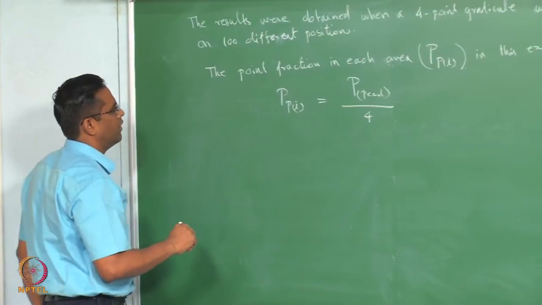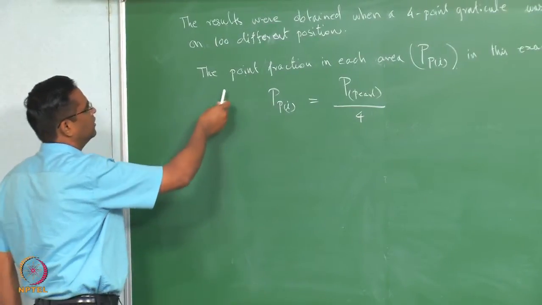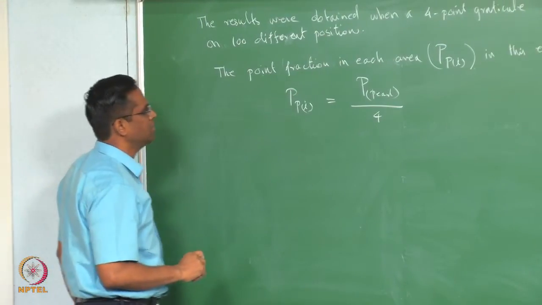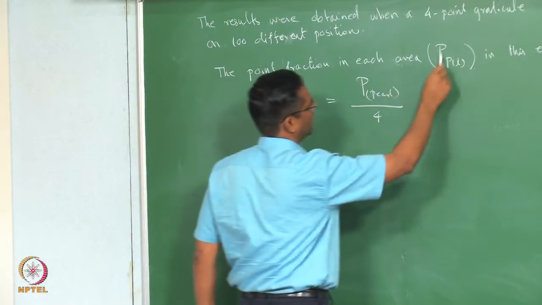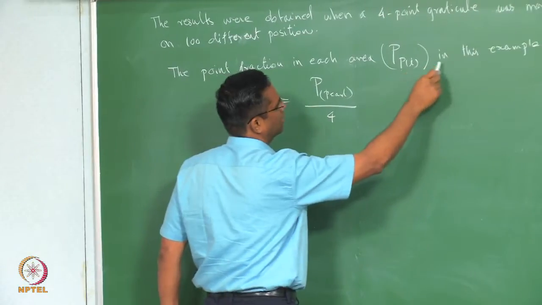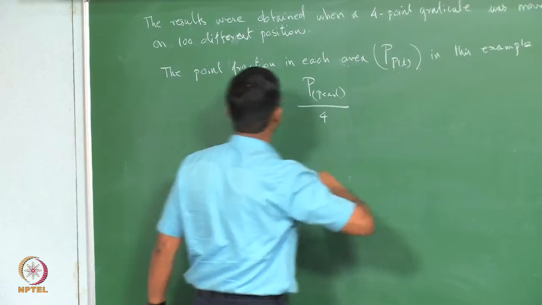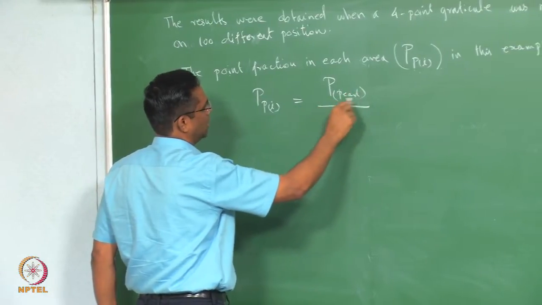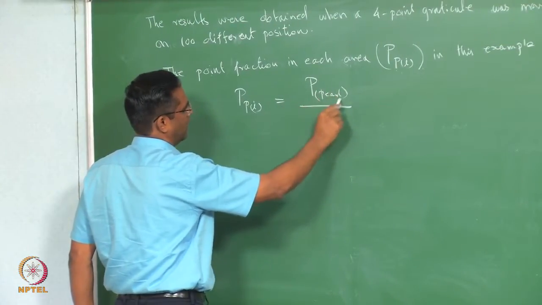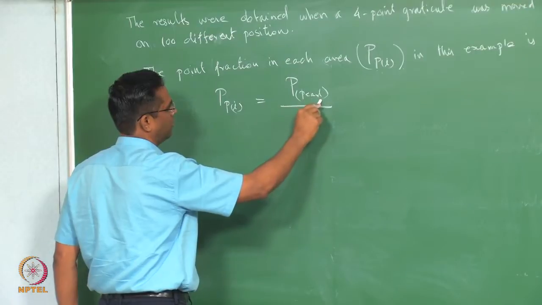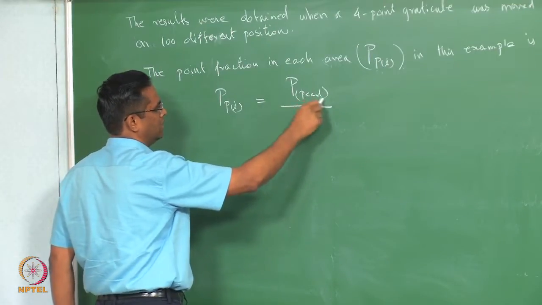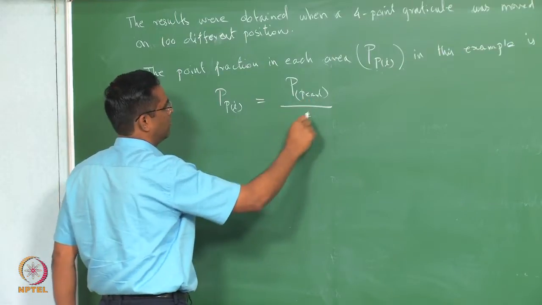Our interest is to find out the volume fraction here, but we are trying to find out the point fraction in each area, that is P P I in this example. P P I is equal to P, where the black phase is the pearlite phase; it could be anything in your case. Just for clarity, I have written it as P divided by 4.